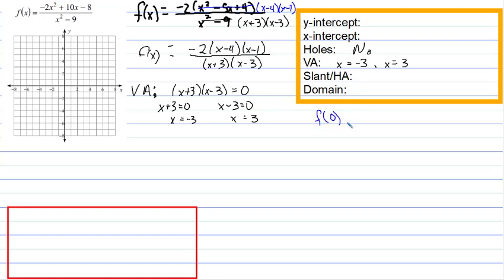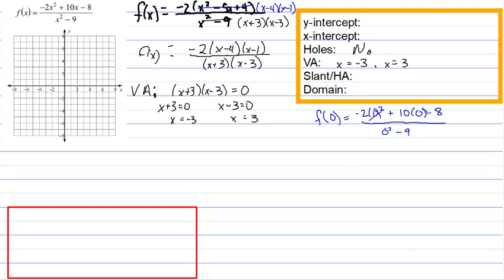So f of 0 is you're plugging in 0 for all the x's. It gives you -2 times 0 squared plus 10 times 0 minus 8, all divided by 0 squared minus 9.